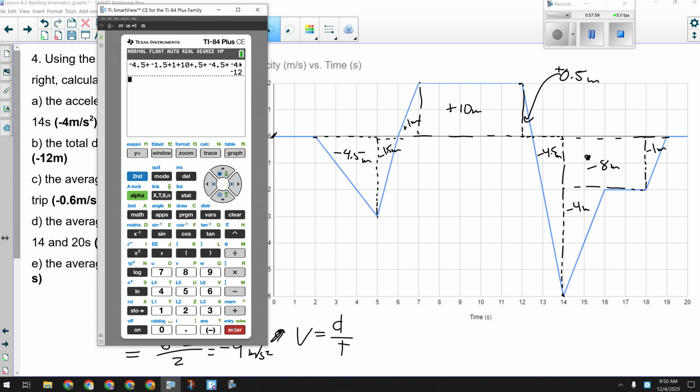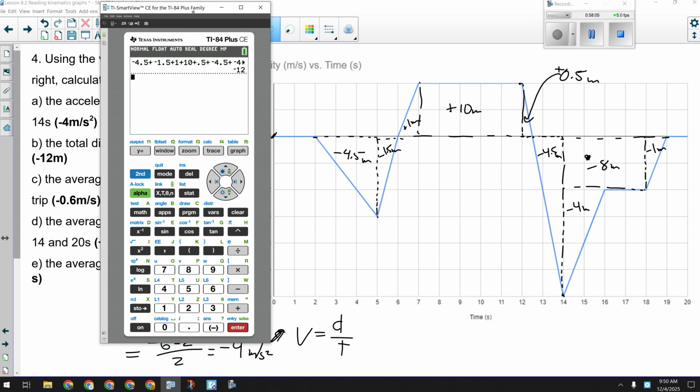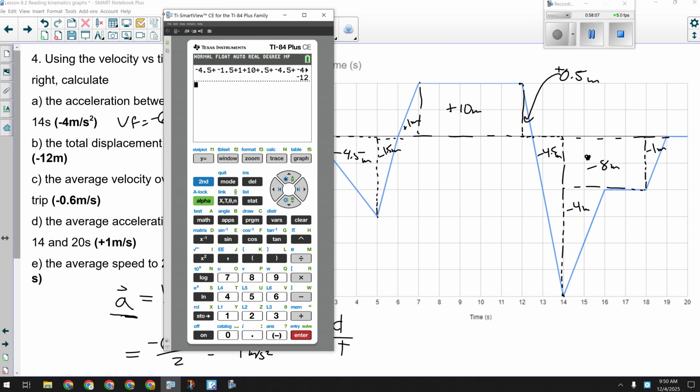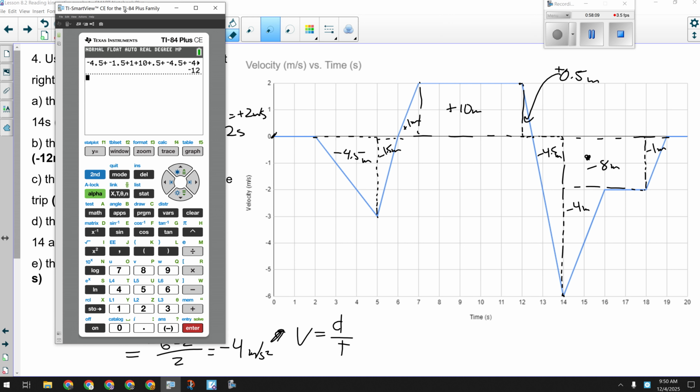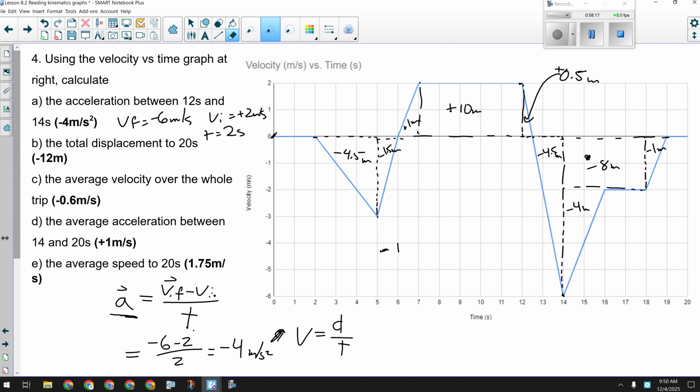All right, part C wants to know the average velocity, I believe, right? Have you done all the heavy lifting to do that? Average velocity, guys, just because this is a velocity versus time graph does not mean that average velocity is not still total displacement divided by total time.